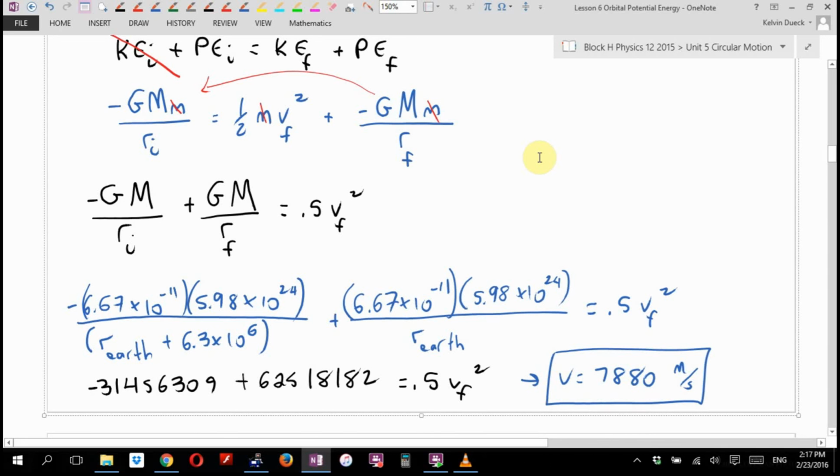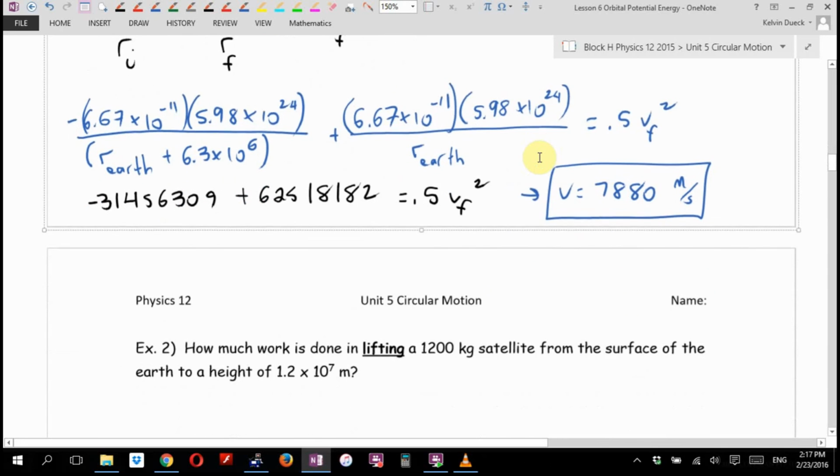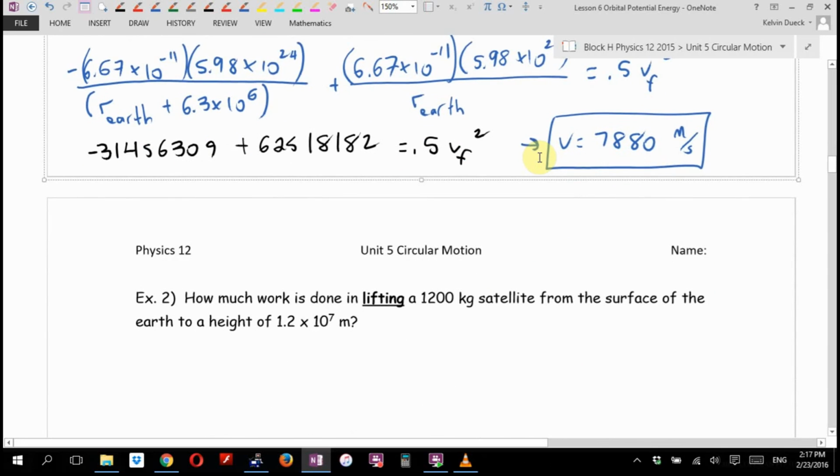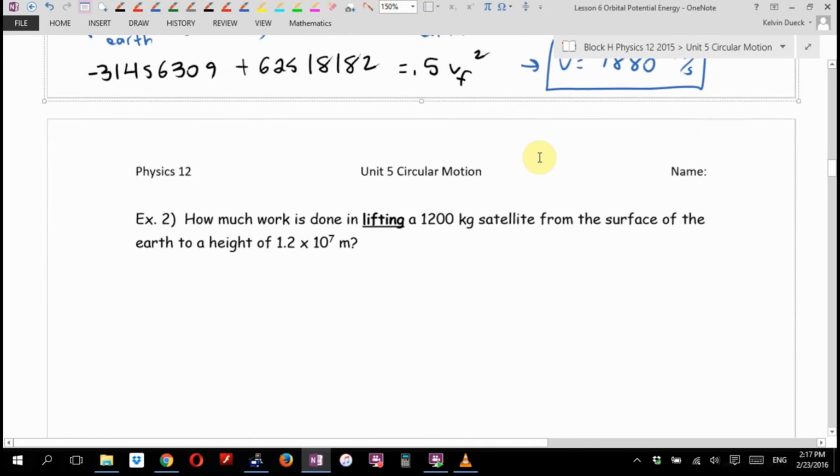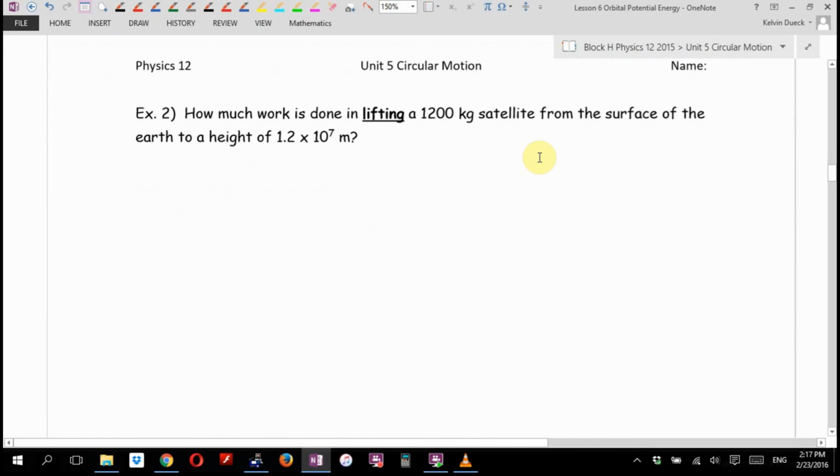Okay. This is the cosmic potential energy equation. And we will pause here.